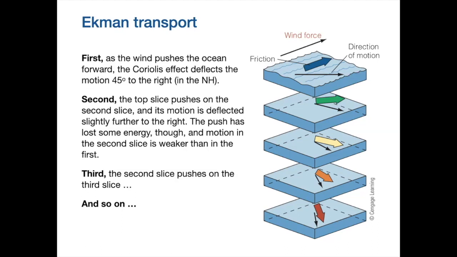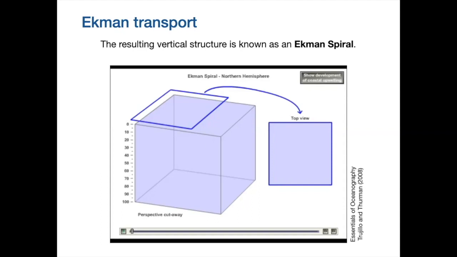and so on and so forth. So for the northern hemisphere, as we increase our depth, the direction of the currents moves further and further to the right, and the magnitude of the currents decreases. And this results in what's known as an Ekman spiral.